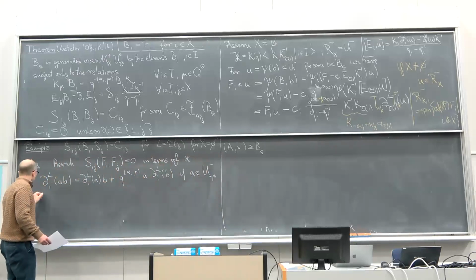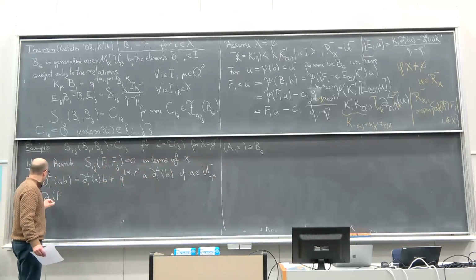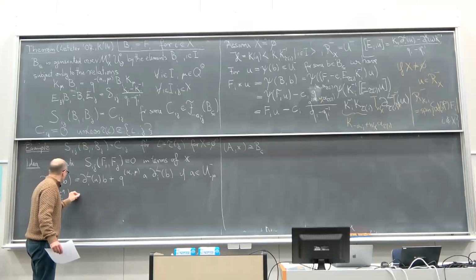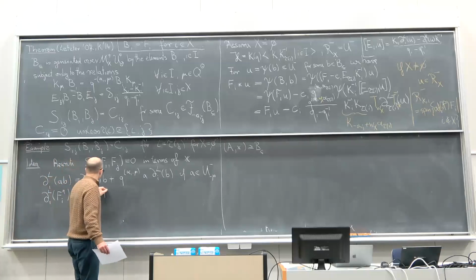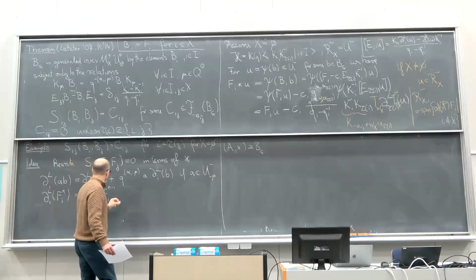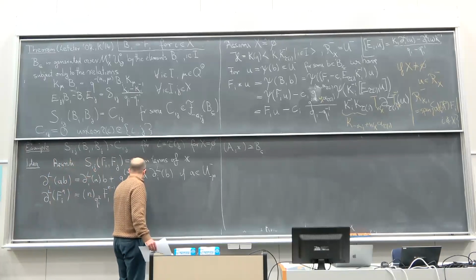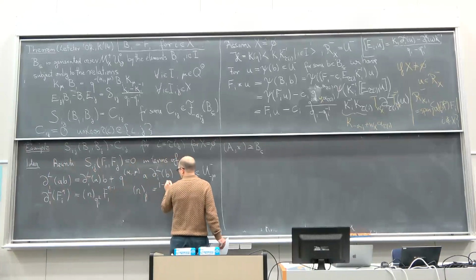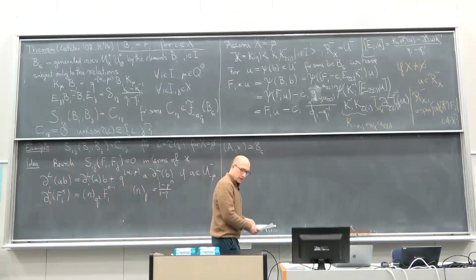The other thing, you use this to evaluate delta_il of F_i to the power n, and you get some Q factor. It turns out this is n_{Q_i^2} times F_i to the n minus 1, where this is the non-symmetric Q number, 1 minus p to the n divided by 1 minus p. Okay, and with this we can now calculate.